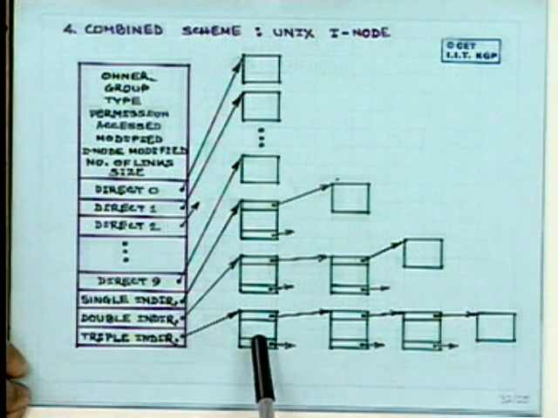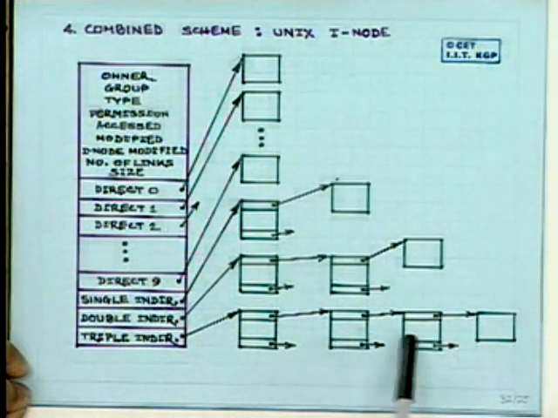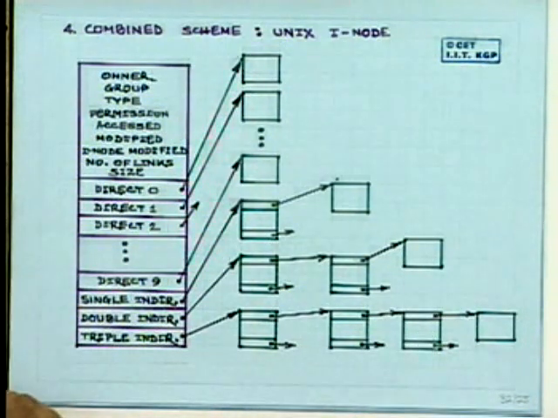And here it is 3-level indexing that has been used: first level indexing, second level indexing, and third level indexing. When we talked about the indexing technique, instead of 2-level, naturally that can be generalized to more than 2-level, only the overhead of consulting the index table increases.